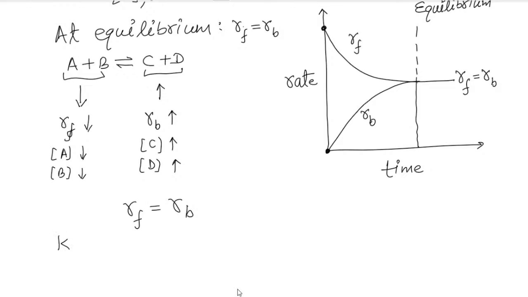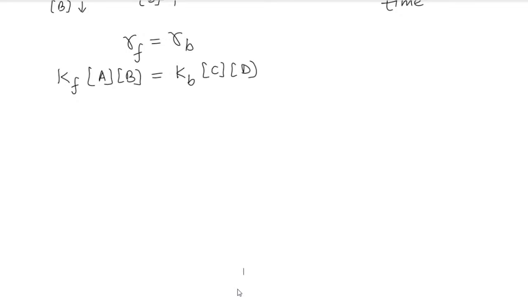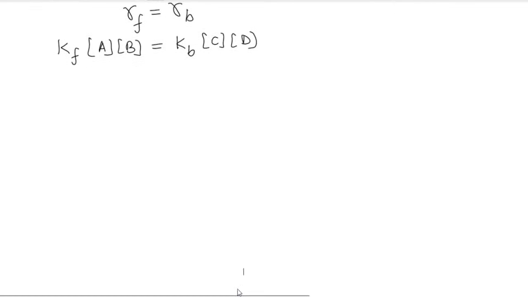That means Kf [A][B] is equal to Kb [C][D].